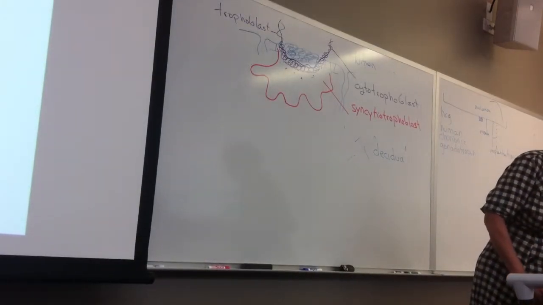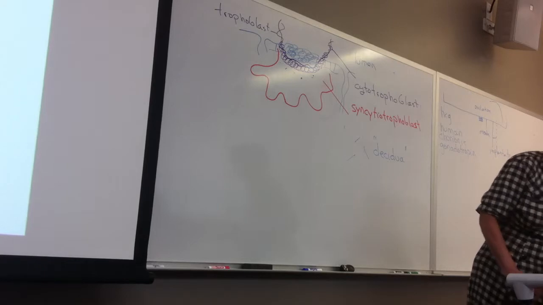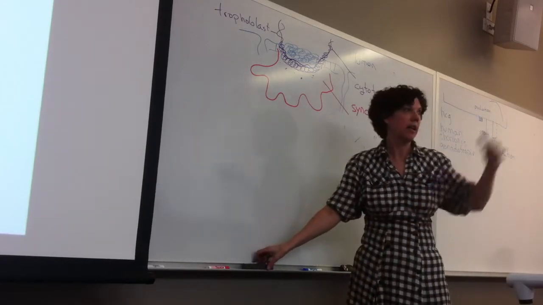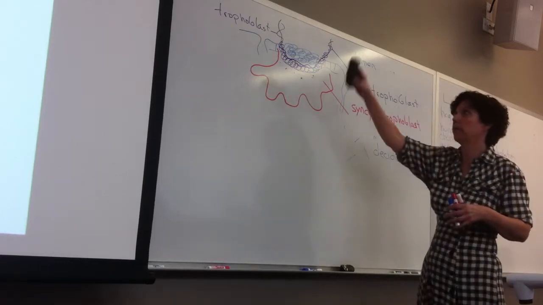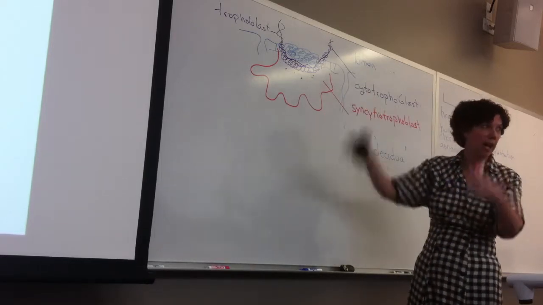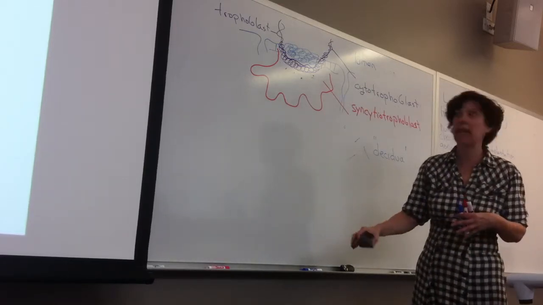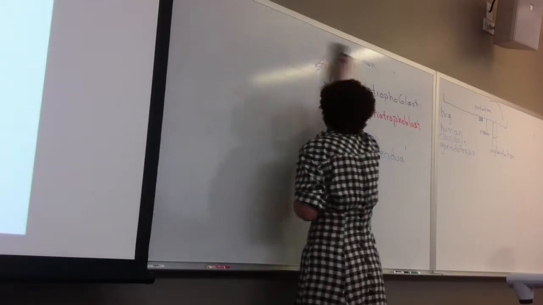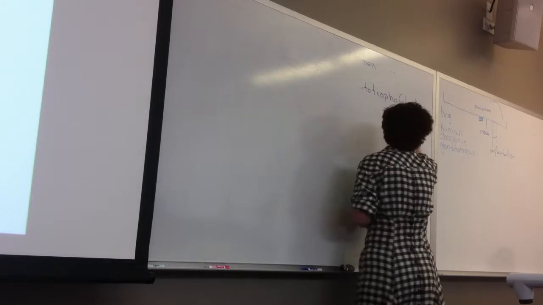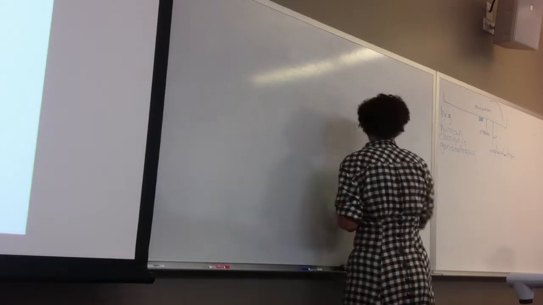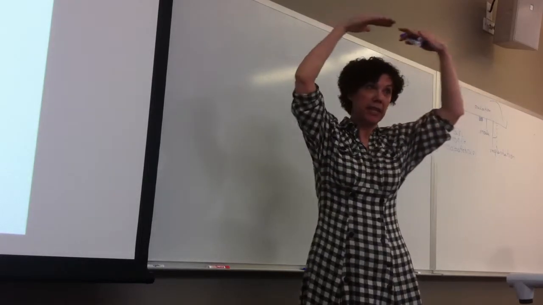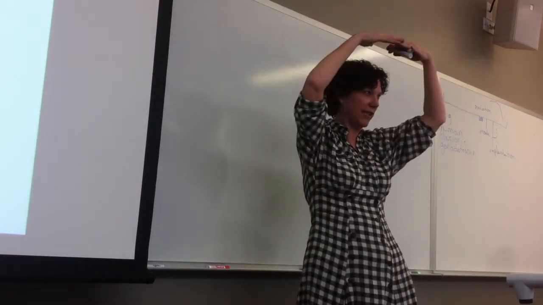So I'm going to show the next stage here. So now this is completely submerged beneath the uterine epithelium. So I'm going to erase this and redraw it all the way underneath our uterine epithelium. As it's moved deeper and deeper, the uterine epithelium has closed over the surface.